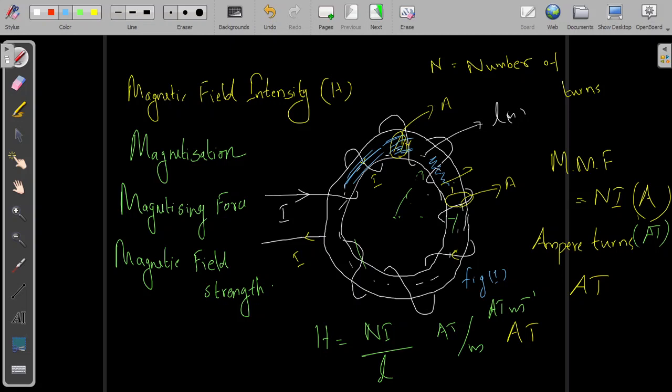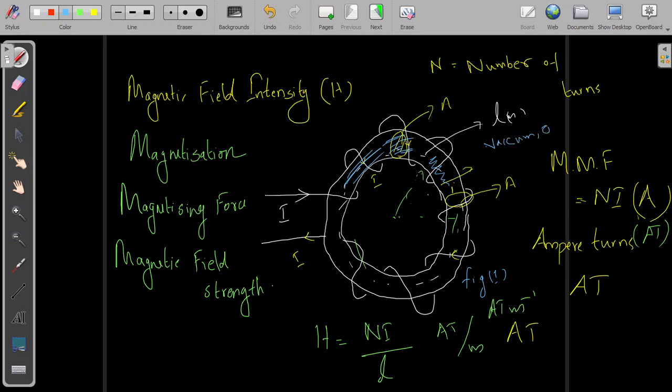Now imagine this toroid, made up of iron or steel, is replaced by vacuum or air.